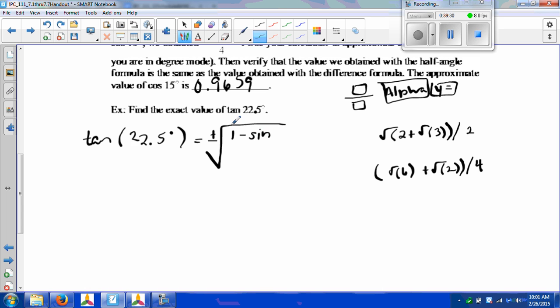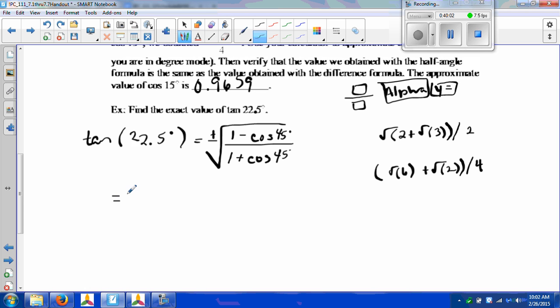Remember, it's just double whatever that is, so the angle is 45.